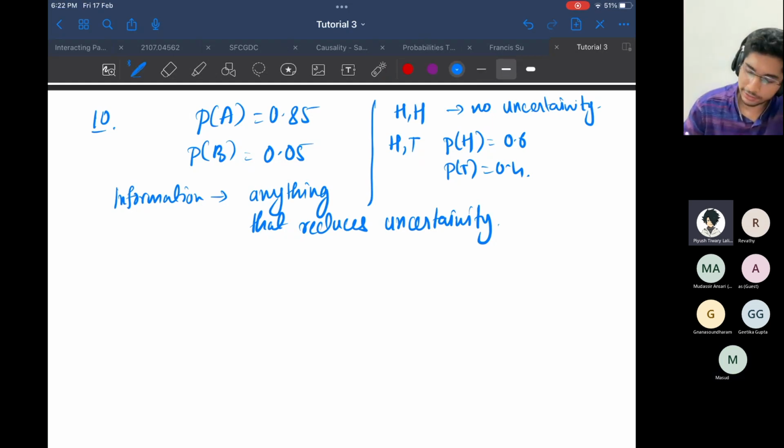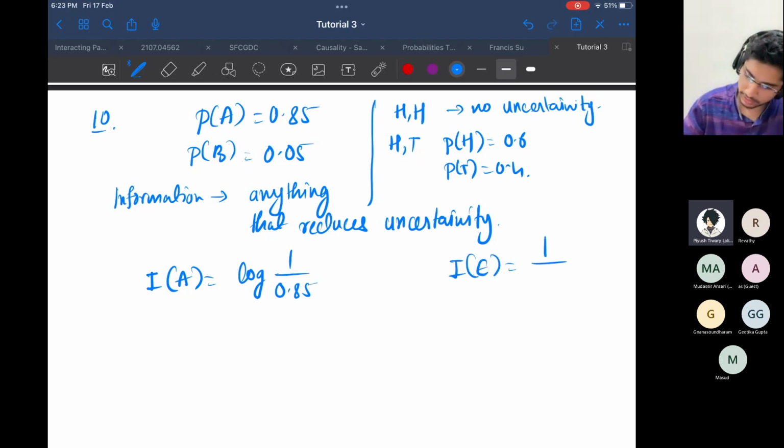It's not exactly information, but loosely speaking, I of A is termed as log of 1 upon 0.85. So I of any event E is log of 1 over P of E. That is how it is defined. Why is it defined so? Think of it like this.